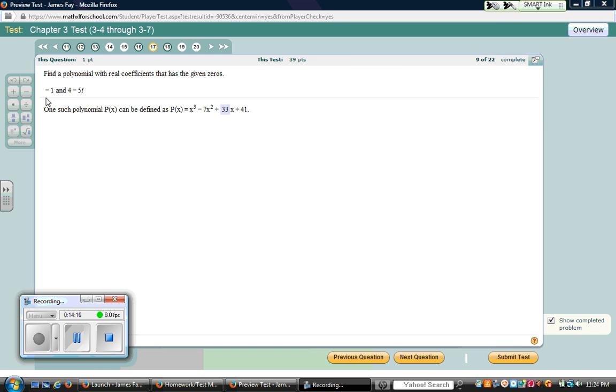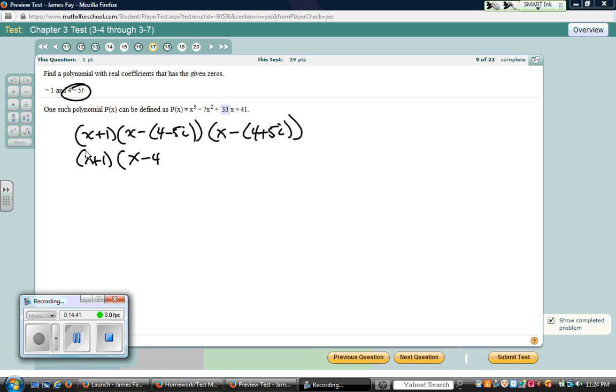Okay, this question: if negative 1 is a 0, then x plus 1 is a factor. If 4 minus 5i is a 0, x minus that is a factor. If that is a 0, then its conjugate is a 0. I'm going to distribute my negative through in both those: minus 4 plus 5i, minus 4 minus 5i.